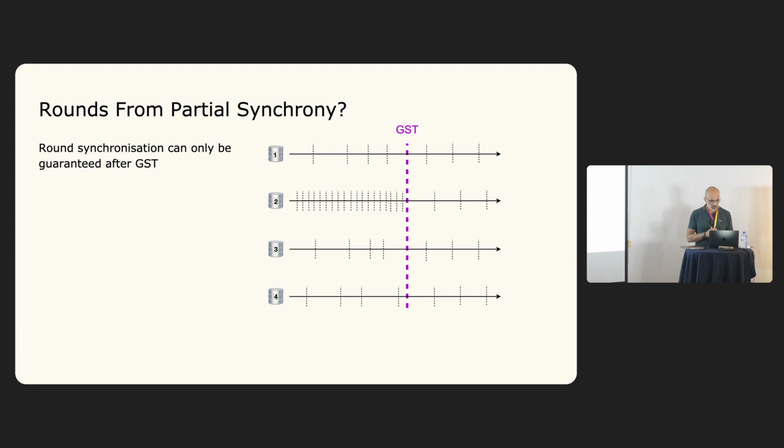So why? First of all, round synchronization can only be achieved after global stabilization time, right? Because before global stabilization time, we don't have any guarantees on timeliness of the system, so anything can happen. So it's futile to hope that we can synchronize rounds before that.